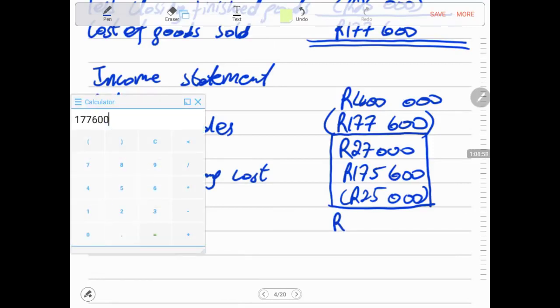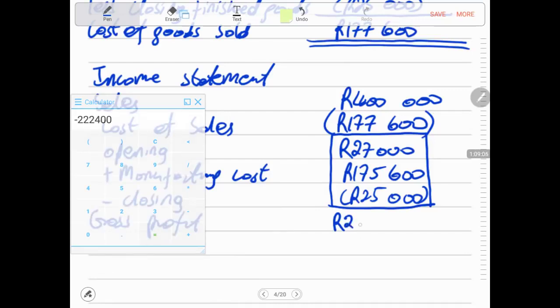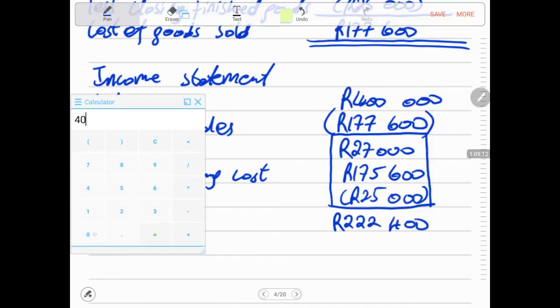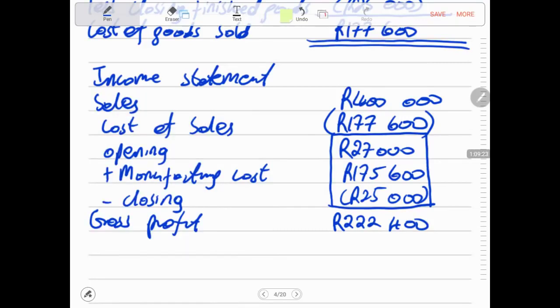Subtracting from that 400,000, we get 222,400 rands. Just confirm that 400,000 minus 177,600 is 222,400 rands. This is our gross profit.